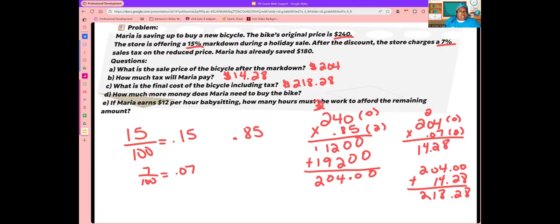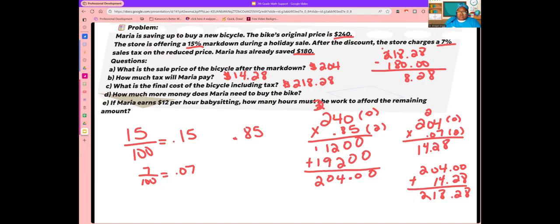The fourth question is, how much more money does Maria need to buy the bike? Well, she has already saved $180. So if we subtract 218.28 minus 180, that's going to be 8 minus 0 is 8.